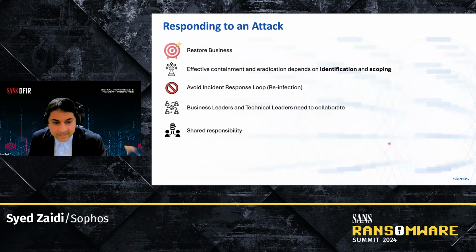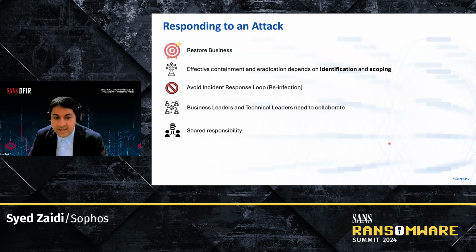Responding to an attack. The key goal of incident response is to restore business, because you have to align your goals with the goals of the business leaders, and they want to ensure that the business is restored on time.